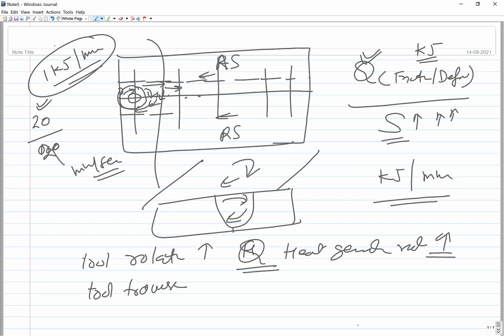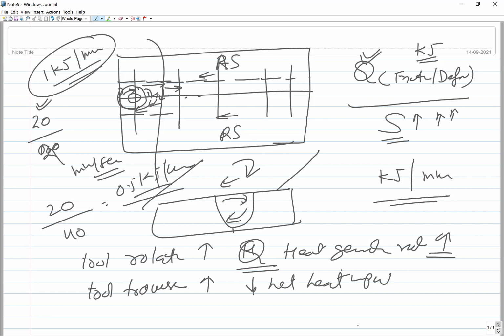So we'll have 1 kilojoule per mm heat input. And if the welding speed or the traverse speed is increased to 40 mm per second, then for the same rate of heat generation, it will lead to 0.5 kilojoule per mm net heat input. So increasing the tool traverse speed basically reduces the net heat which is being supplied, and that in turn will reduce the temperature which is being delivered.